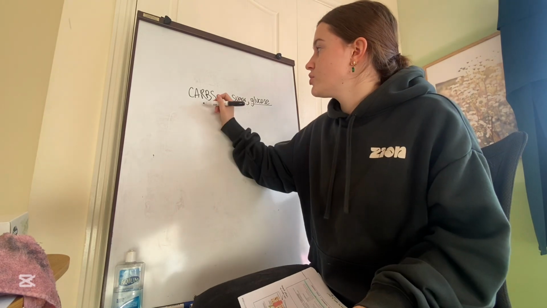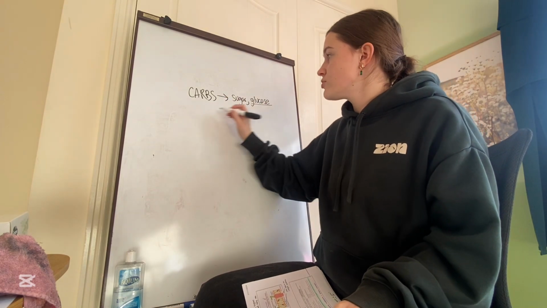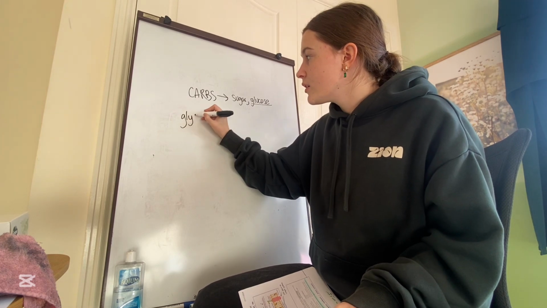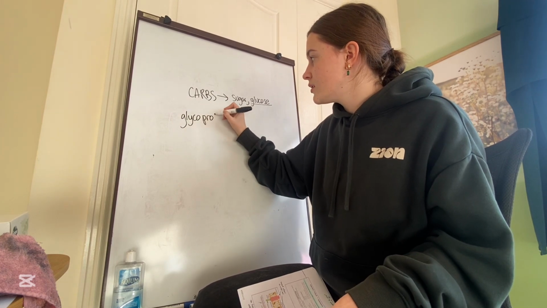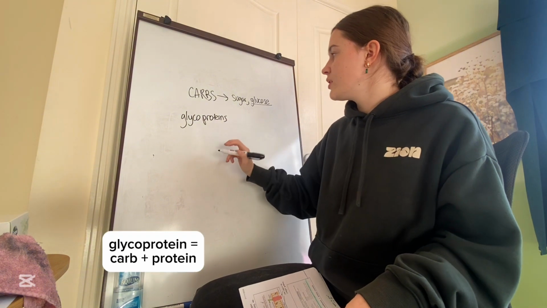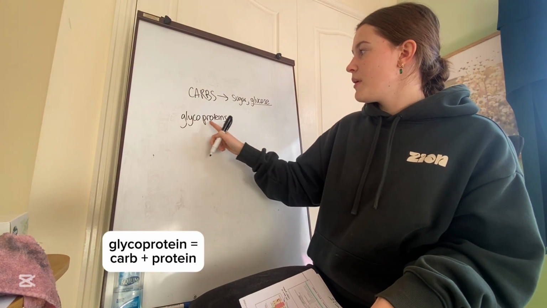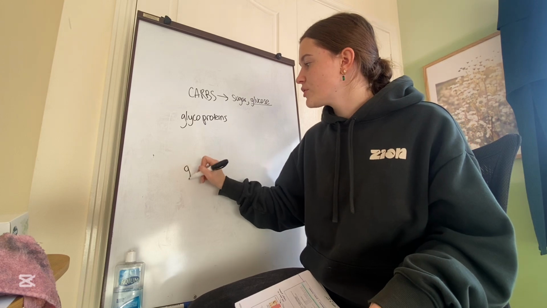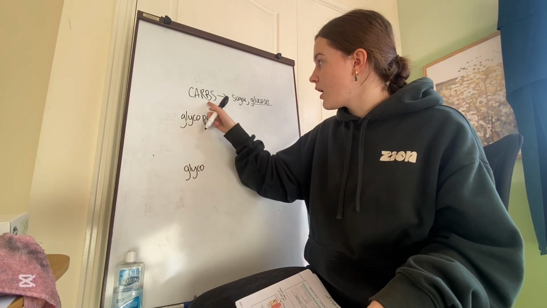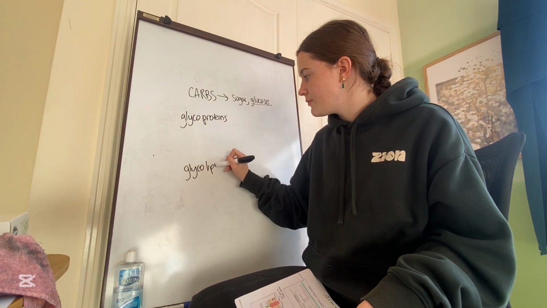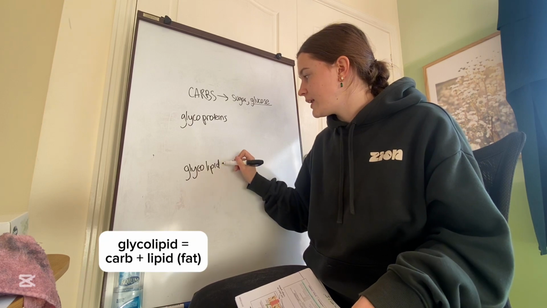So there are two kinds. Remember glucose, we have glycoproteins, which is pretty self-explanatory. We've got the carb and we've got the protein. And we also have glycolipids, so carb and lipid, which is a fatty molecule.